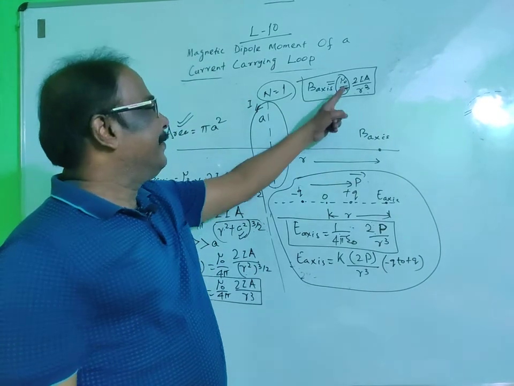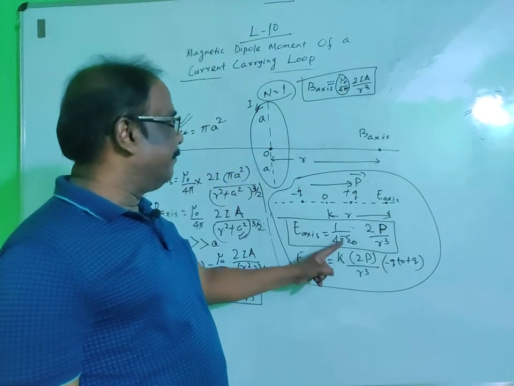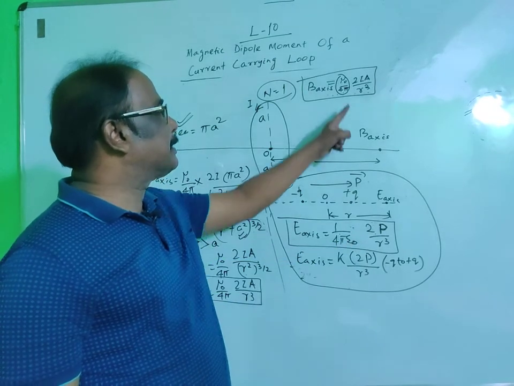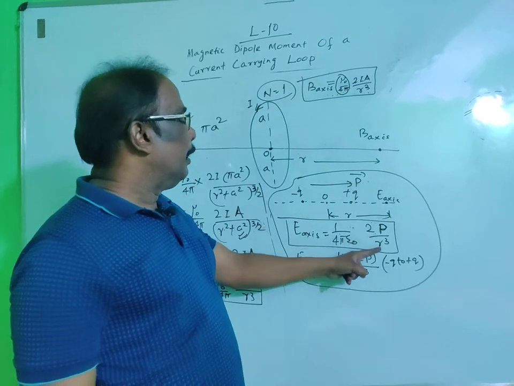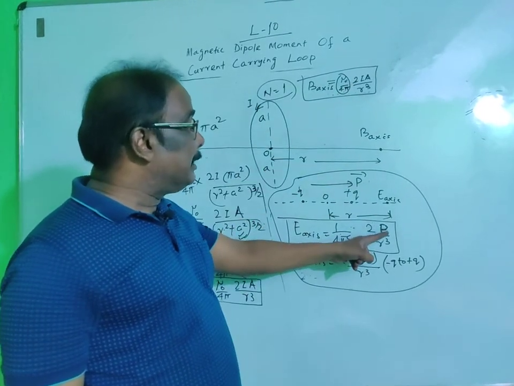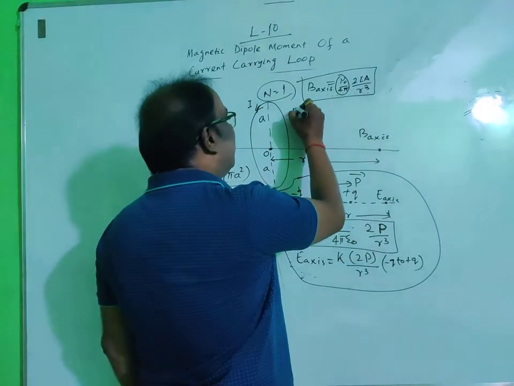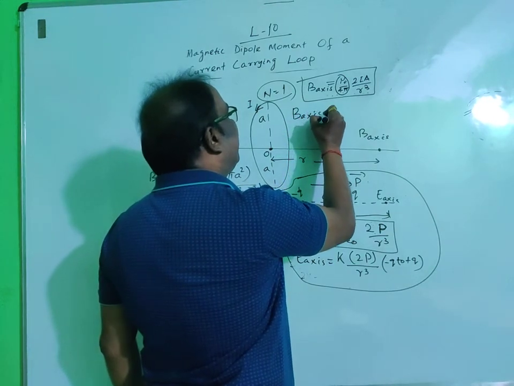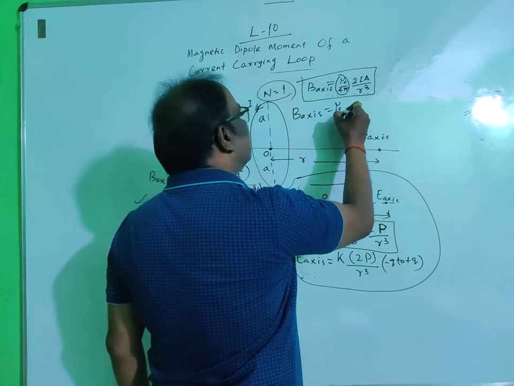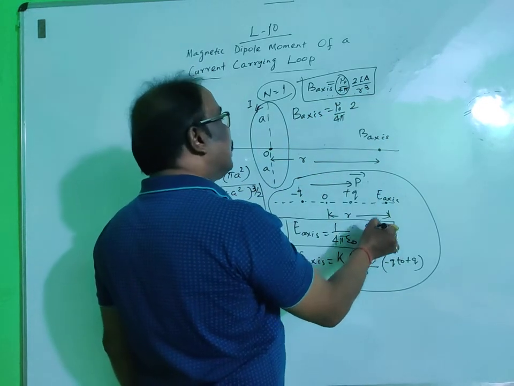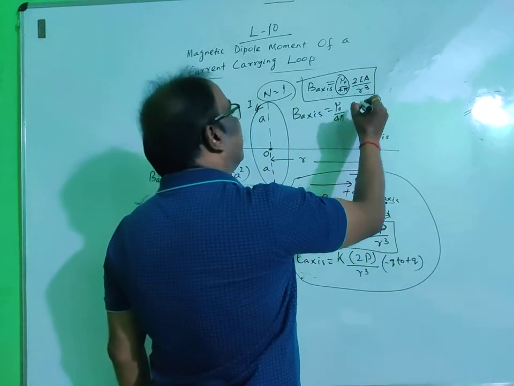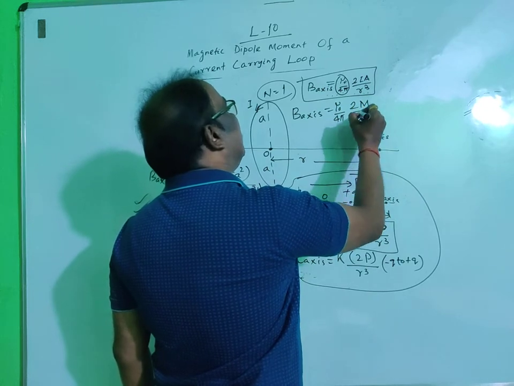Here k, meaning 1 by 4 pi epsilon 0, is comparable to mu naught by 4 pi, again 2, r cube. Here it is the electric dipole moment, and here we may take the magnetic field on the axis as constant mu 0 by 4 pi into 2, and in place of p, we may take magnetic dipole moment M divided by r cube.